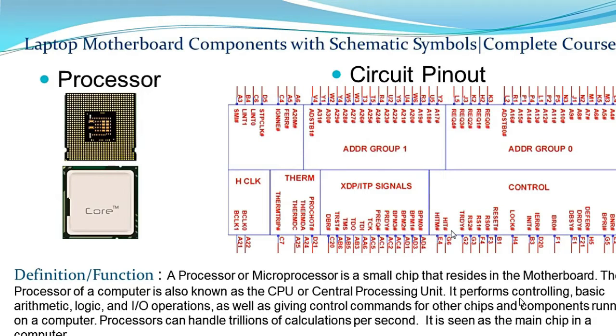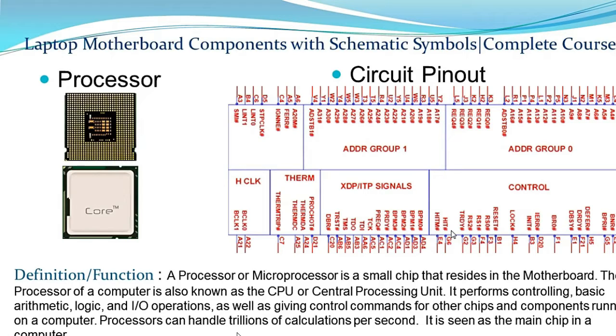It performs controlling. So after the definition, I'm going to analyze with you the processor schematics, and we're going to speak about the processor power, etc. The processor performs controlling, basic arithmetic, logic, and input-output operations, as well as giving control commands for other chips and components running on a computer.